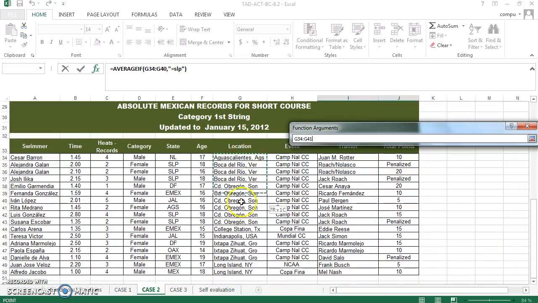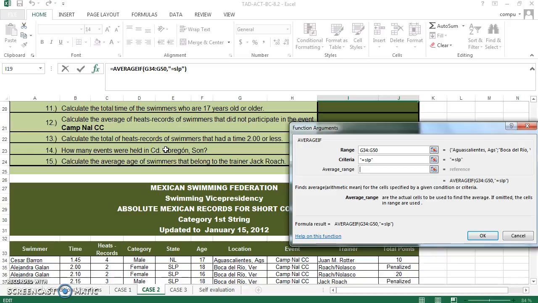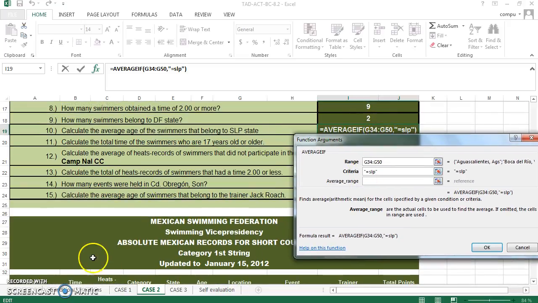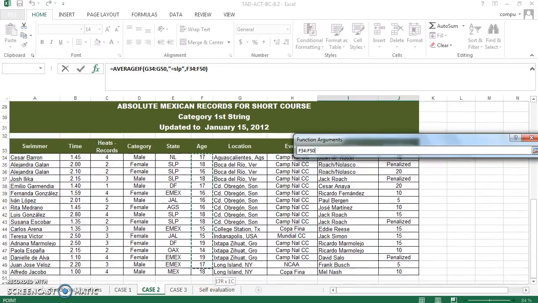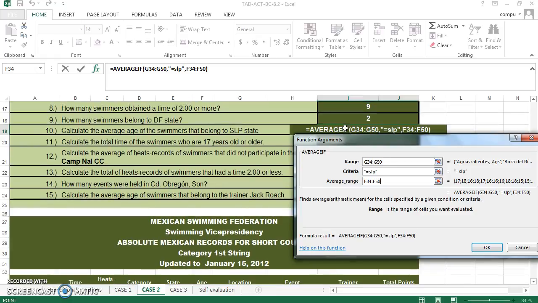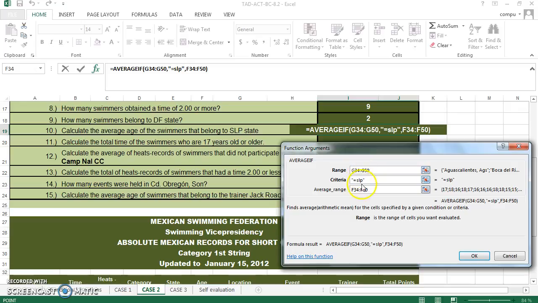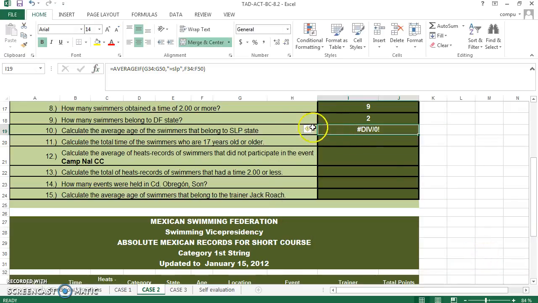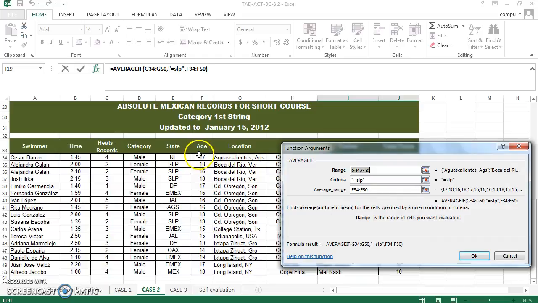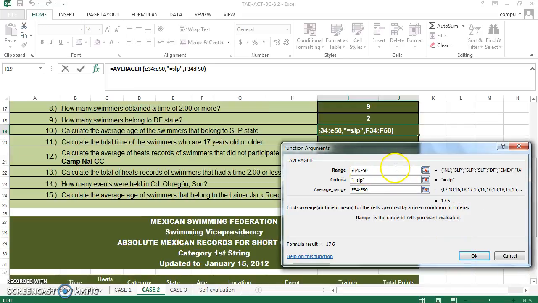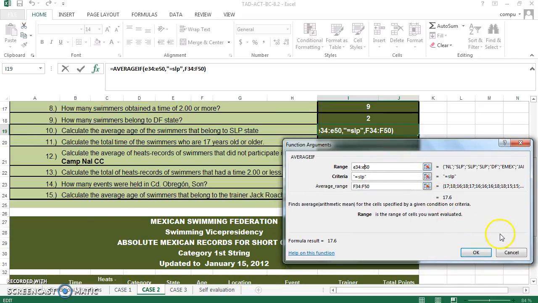The information of location is on column G, and they want us to get the average age on column F. And the answer is going to be it's the average age on column F, and the range for San Luis Potosí is E. So column E. Then the answer is 17.6.